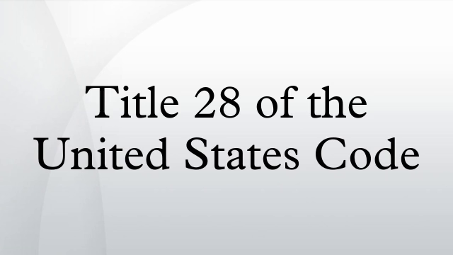Part 3, Court Officers and Employees. Chapter 41, Administrative Office of United States Courts. Chapter 42, Federal Judicial Center. Chapter 43, United States Magistrate Judge. Chapter 44, Alternative Dispute Resolution. Chapter 45, Supreme Court. Chapter 47, Courts of Appeals.